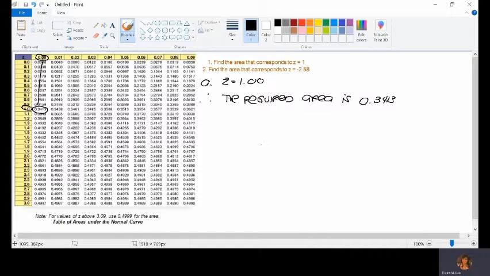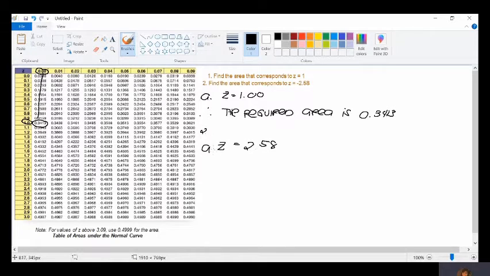Remember, the normal distribution is symmetrical. So for example number 2, same process. We're going to express z in three-digit form. So, z is equal to 2.58. Okay, so in our table, find the row z equal to 2.